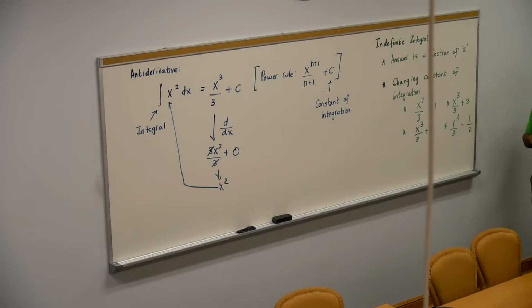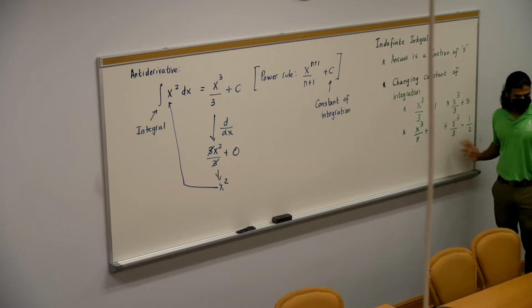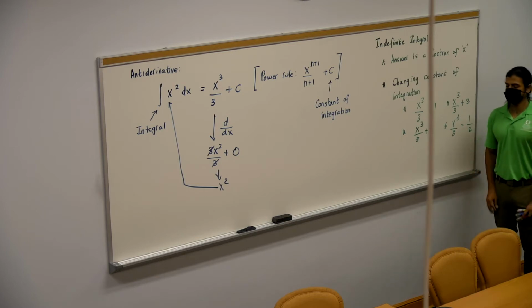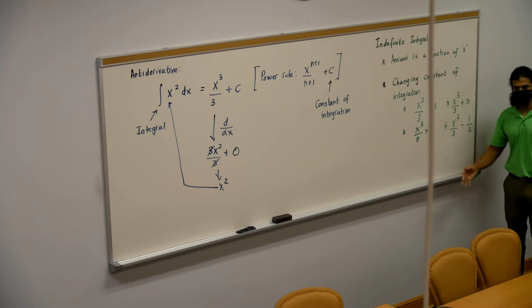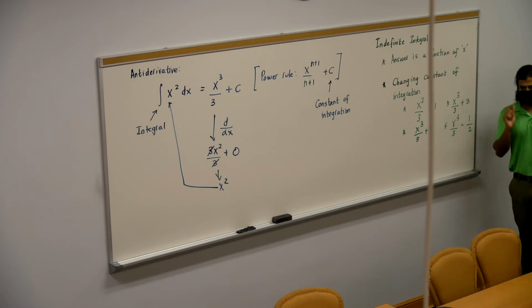But here is the catch. No matter which answer you pick, if I differentiate it, I'm going to get the same x squared. Do you agree? So you don't just have a solution, you have a family of solutions. By changing the value of the constant, you could keep on coming up with solutions, which is why we call this integral an indefinite integral. Does that make sense?